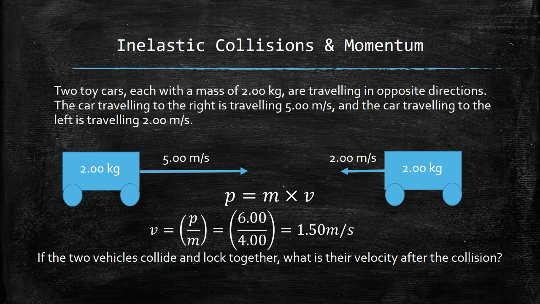So we're going to end up with v equals p divided by m. So remember, our total momentum was 6 and our total mass was 4. So if we take p divided by m, we get 6 divided by 4, which is equal to 1.5 meters per second. So your answer is going to be 1.50 meters per second to the right.